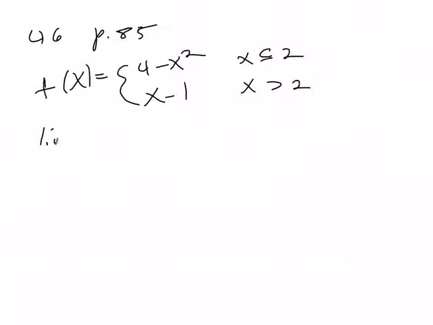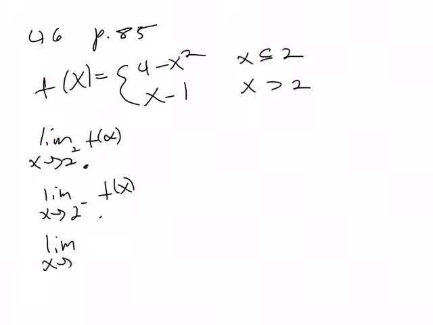So what's the limit as x approaches 2 from the left of f of x? What's the limit as x approaches 2 from the right of f of x? This is left, this is right. And what's the limit as x approaches 2 of f of x? Does this exist at all?